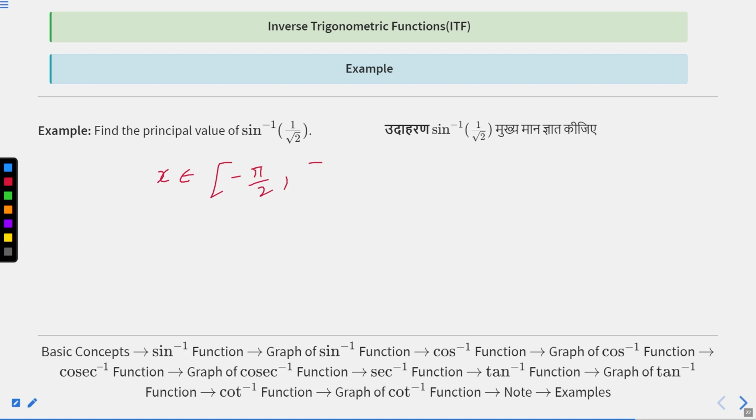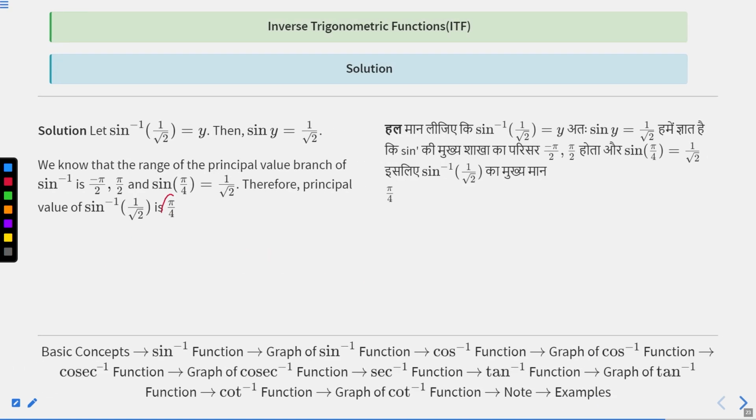This means we need to find such x which is 1 by root 2, and we know what it is. It is pi by 4. So your answer will be pi by 4. Now let's do the next.